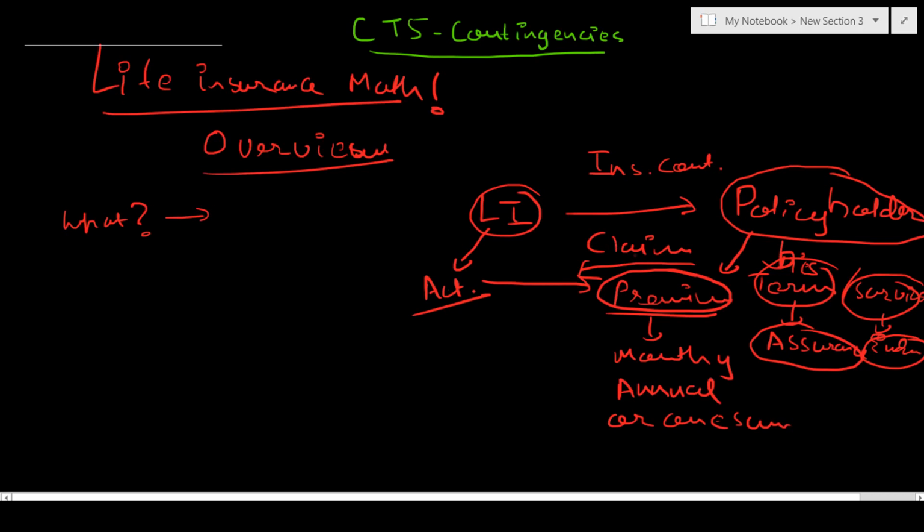This amount is called the claim amount, and they will be collecting a premium which is calculated by the actuary. We do certain mathematics based on certain probabilities, and we'll be discussing all that in the subject. We calculate the premium. This is called the pricing of an insurance contract. That is our first job, pricing.